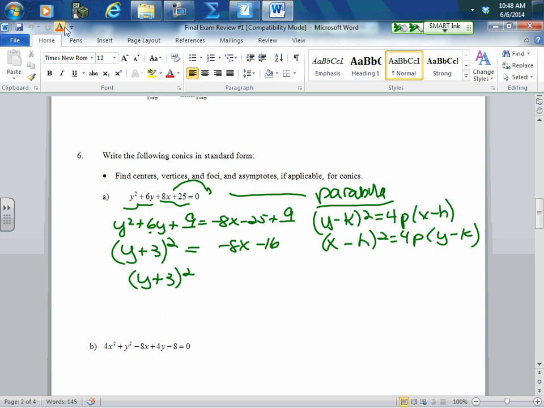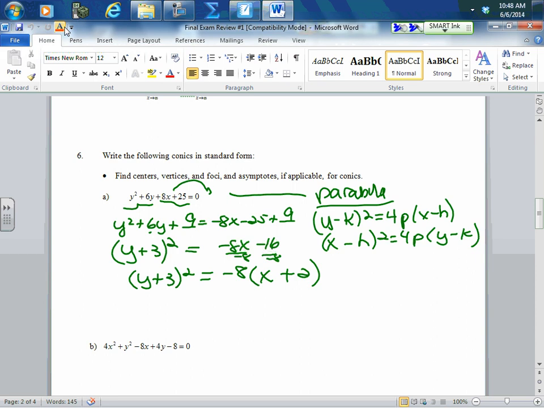You need that x to have a 1 in front of it. So you factor out, and be careful with your negatives, a negative 8. If it helps you, put it right underneath. Negative 8, this becomes x plus 2. There's your format for your parabola.